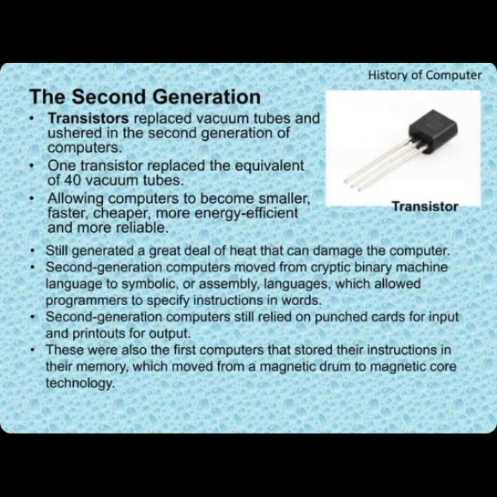Second generation computers moved from cryptic binary machine language to symbolic or assembly languages, which allowed programmers to specify instructions in words. Second generation computers still relied on punch cards for input and printouts for output.